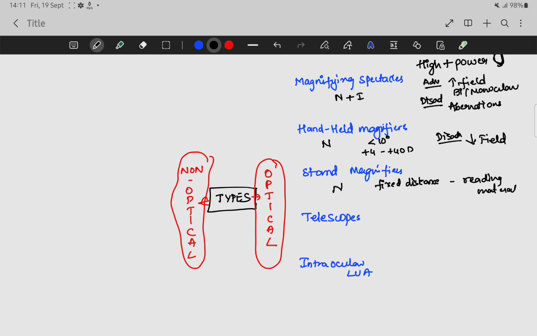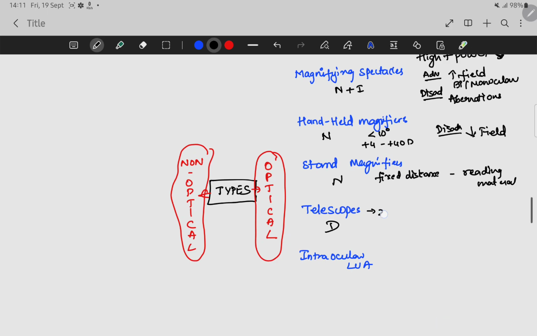Okay, coming to telescopes, these are for distance vision. We have two types of telescope, as you know, Galilean telescope as well as Kepler's astronomical telescope. The optical principle of a telescope is that it consists of two lenses, one plus lens and one minus lens.